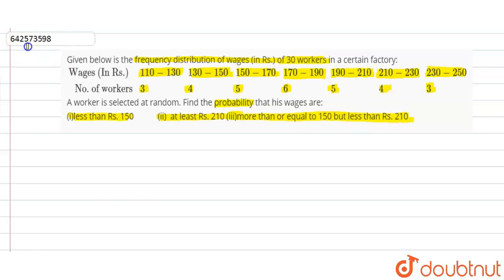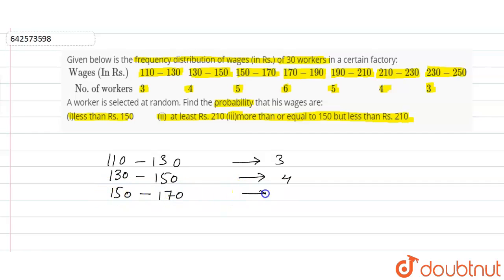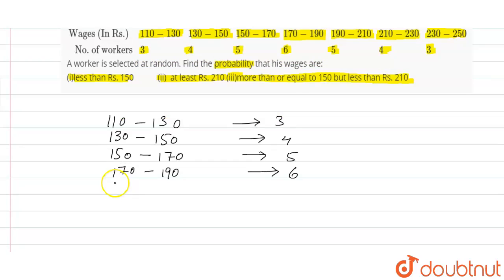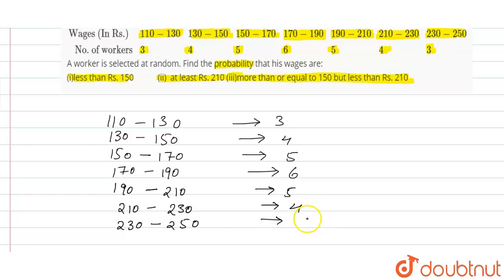So we have the frequency distribution: from 110 to 130 there are 3 workers, from 130 to 150 there are 4 workers, from 150 to 170 there are 5 workers, from 170 to 190 there are 6 workers, from 190 to 210 there are 5 workers, from 210 to 230 there are 4 workers, and from 230 to 250 there are 3 workers.